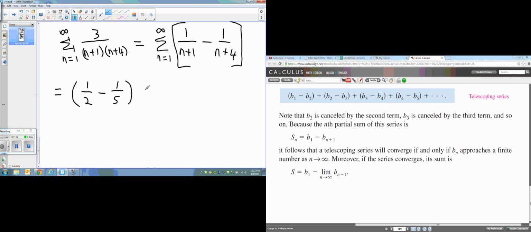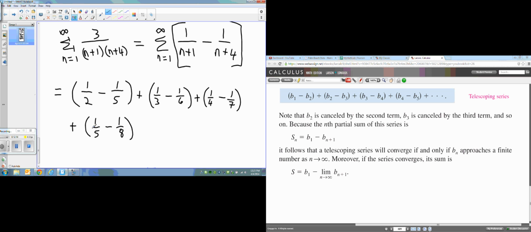And plus, when n is 2, this is going to be 1/3 minus 1/6. When n is equal to 3, this is going to be 1/4 minus 1/7. When n is equal to 4, this is going to be 1/5, and I see cancellation, 1/5 minus 1/8.